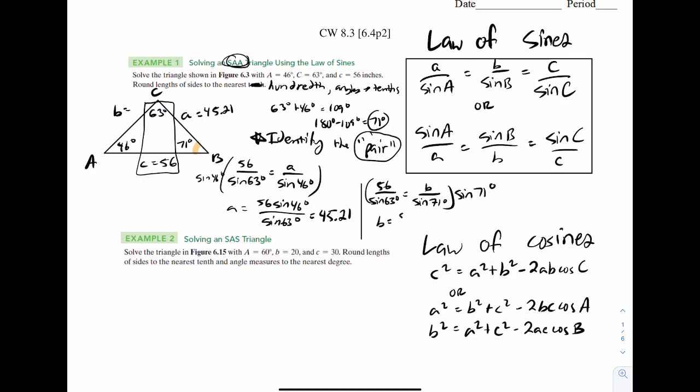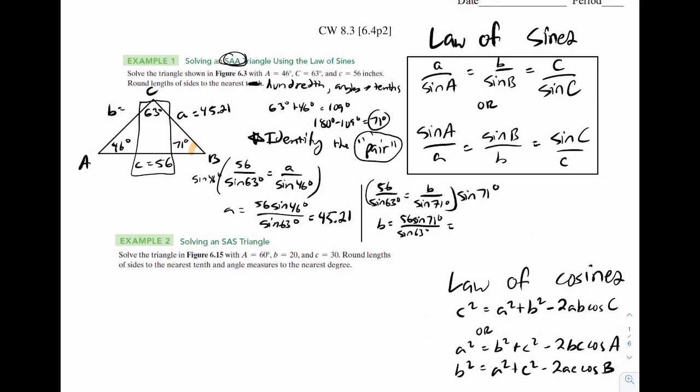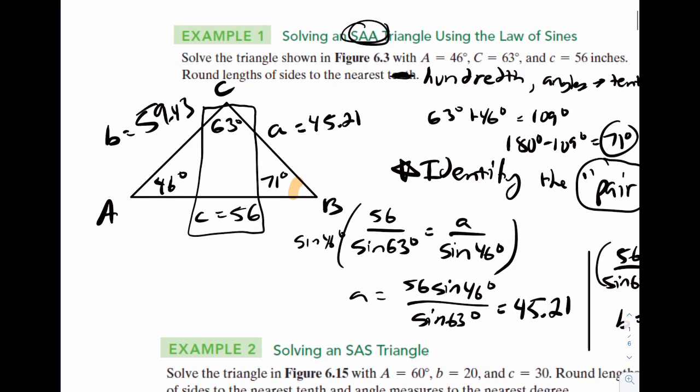So b is going to equal 56 sine 71 all over sine 63. 59.43. So we'll just fill that in. 59.43, and there's our complete triangle right there. And I'll just highlight the things we found.